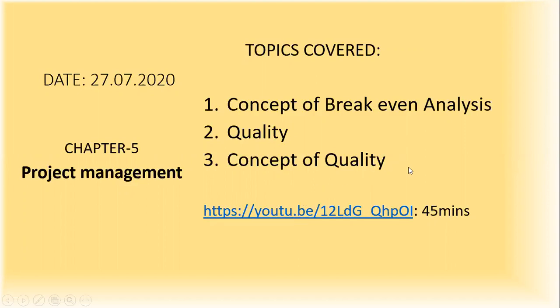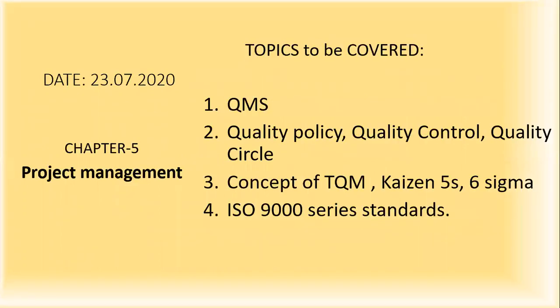Today we are looking into further deep concepts about quality, what is quality management systems and all. The topics to be covered today are QMS, Quality Management Systems, what is quality policy, quality control, and quality circle. We'll also have a look at the concept of TQM, Total Quality Management.